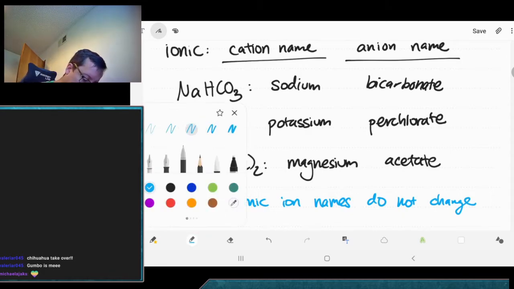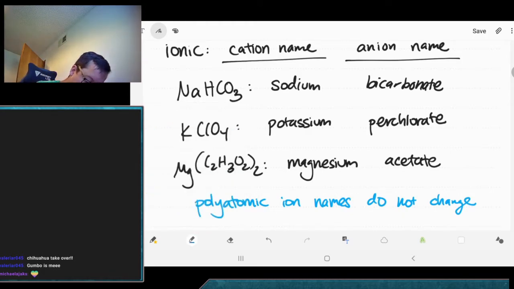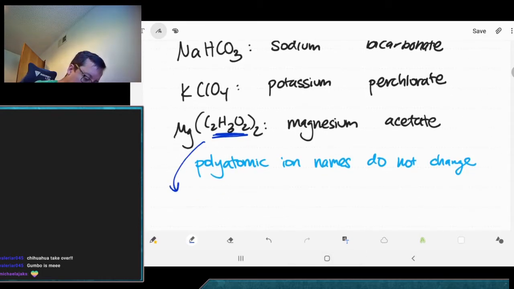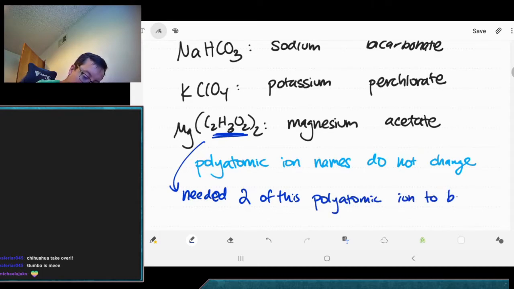And we're going to see, we have a nice example here where we needed 2 of this polyatomic ion to balance.